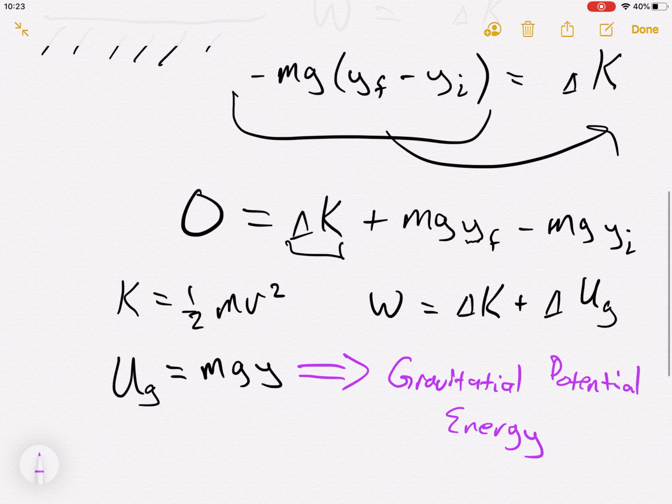It has the same units as kinetic energy, the same units as work, because it is exactly the work done by gravity. Well, it's the negative of the work done by gravity. So instead of including the work done by gravity, we're including another term in energy. So including gravitational energy lets us account for the gravitational force.